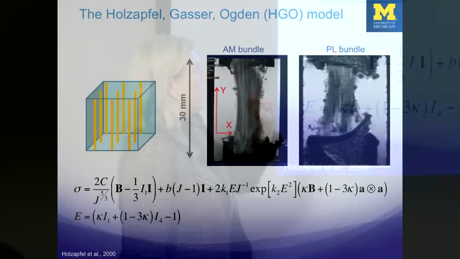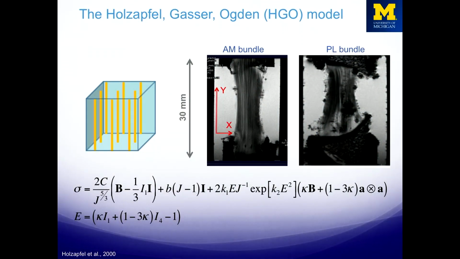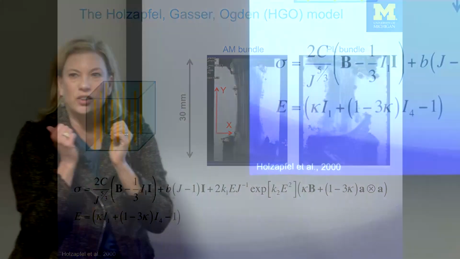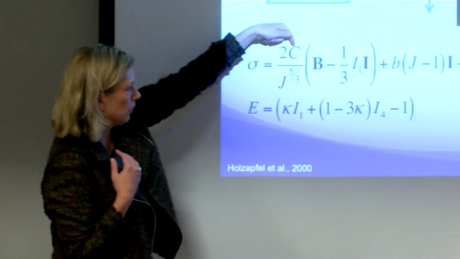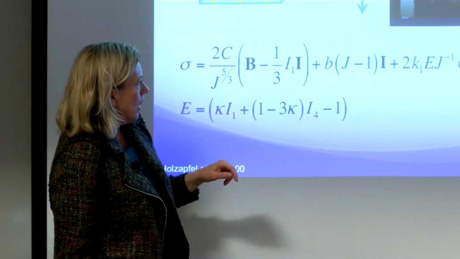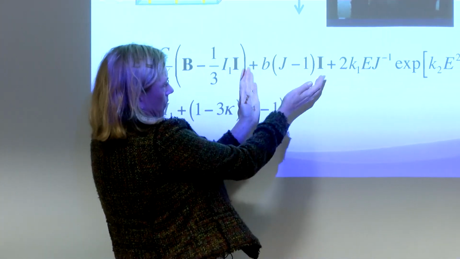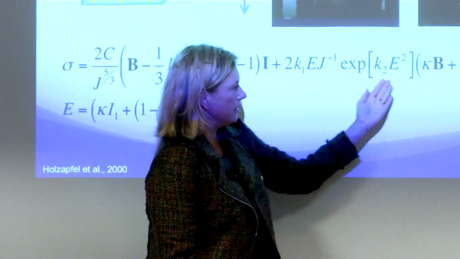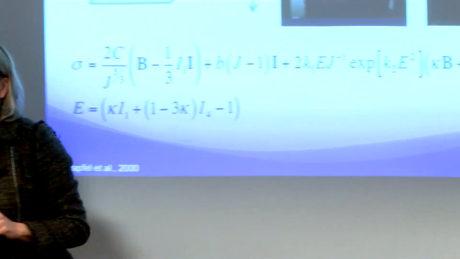So we decided to look at this HGO model that I mentioned previously. It's essentially a model of nonlinear fibers in a nonlinear matrix. Okay, so this is the matrix term here. It's again just essentially a neo-Hookean matrix with one parameter. And this is the compressibility, and all of this is the anisotropic fiber model, okay?